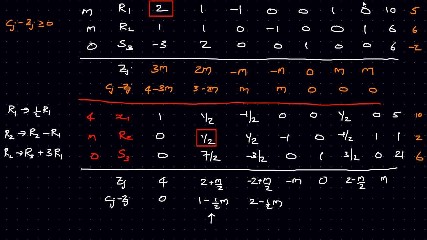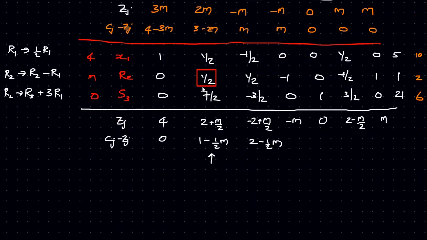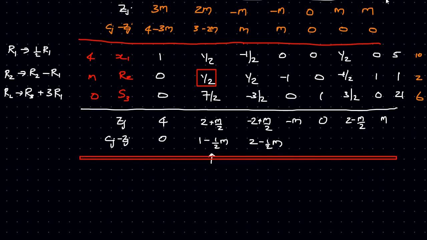So that means R2 is going to leave the basic variable and x2 is going to enter. Okay, so we can just write those. Now x1 stays as it is, R2 leaves and x2 enters, and s3 stays as it is.